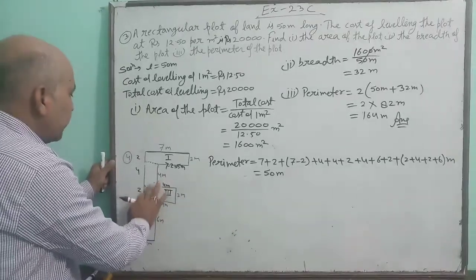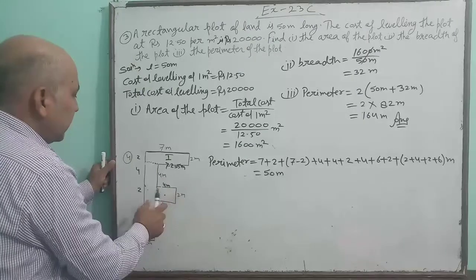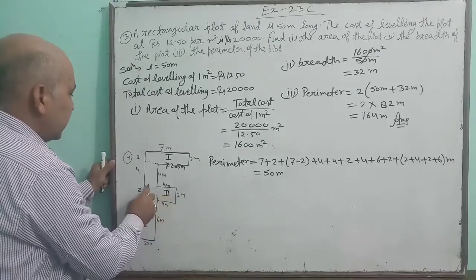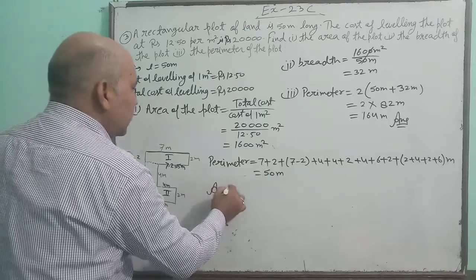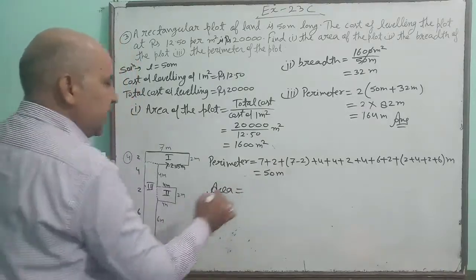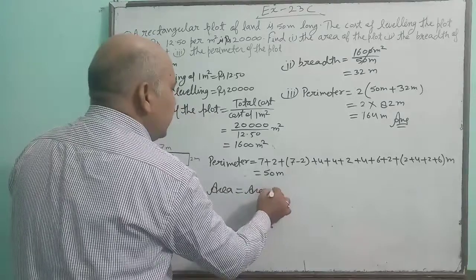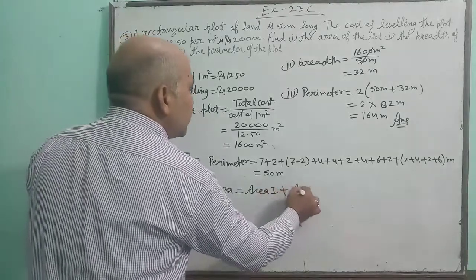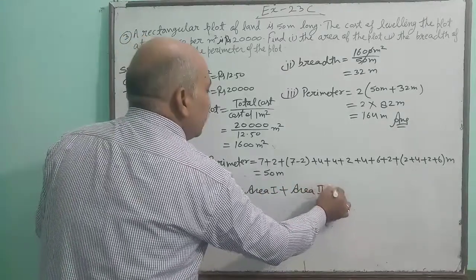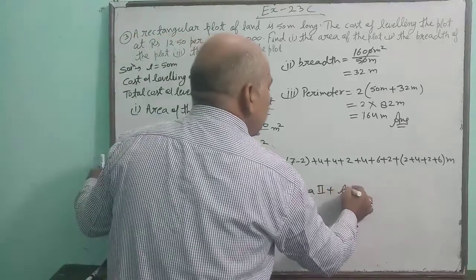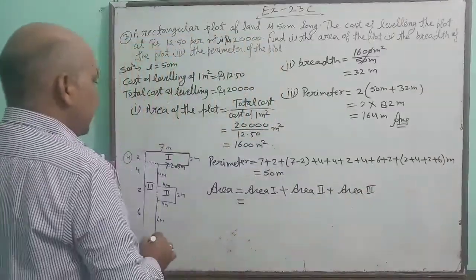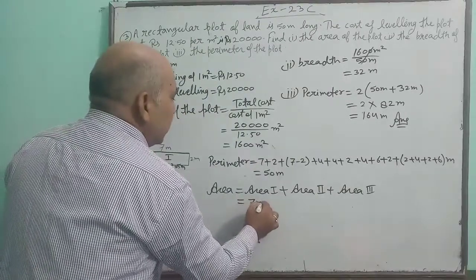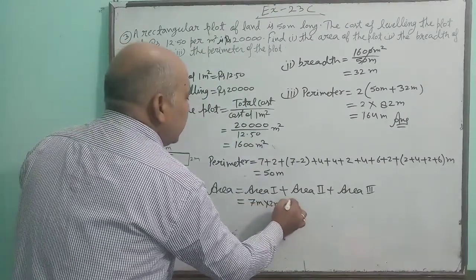Understood? If you wish, you can write this second, and this is the third part. Okay. So what will be the area of the figure? Area of the figure will be area of first plus area of second plus area of third. Area of first will be 7 meter into 2 meter.